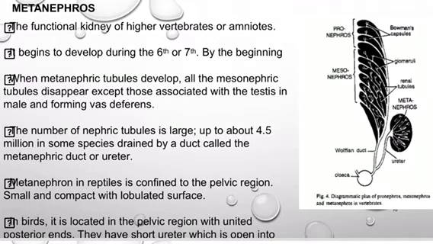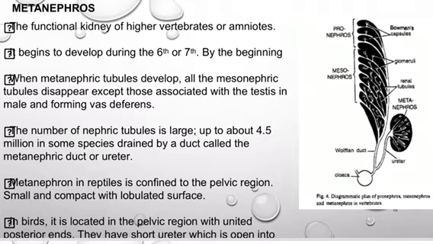The number of nephric tubules is large. You have up to 4.5 million in some species, and all these nephric tubules are drained by a duct called the metanephric duct or the ureter. The metanephros in reptiles is confined to the pelvic region.